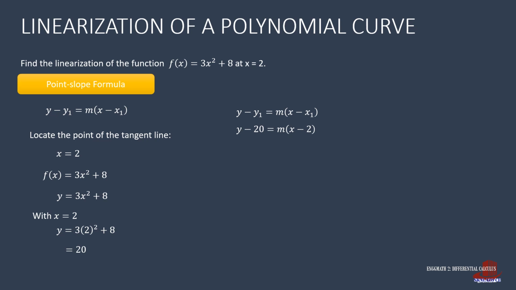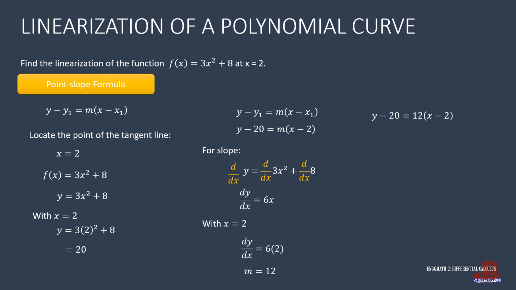Let's plug these values into the formula to have y minus 20 is equal to m times x minus 2. The only parameter left to solve is the slope. That is taken by working the derivative of the equation, where dy all over dx is 6x. With x equal to 2, the slope is then computed as 6 times 2, which makes m equal to 12.